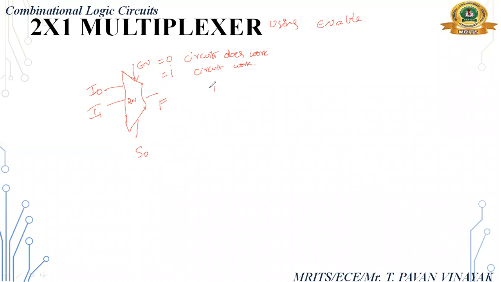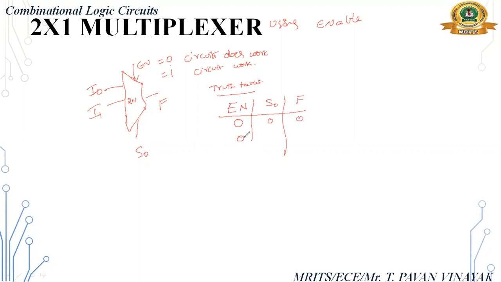So the truth table for it. Enable is one input, right? S naught is another input. And F. Whenever enable is 0, S naught also 0, then output is not I naught, it is 0.